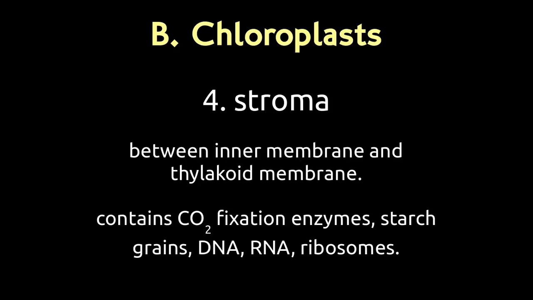We also have, and again, this is another big similarity to the mitochondria, DNA, RNA, and ribosomes. So like the mitochondria, the chloroplast has its own DNA that it uses to code many of the proteins found in the chloroplast.